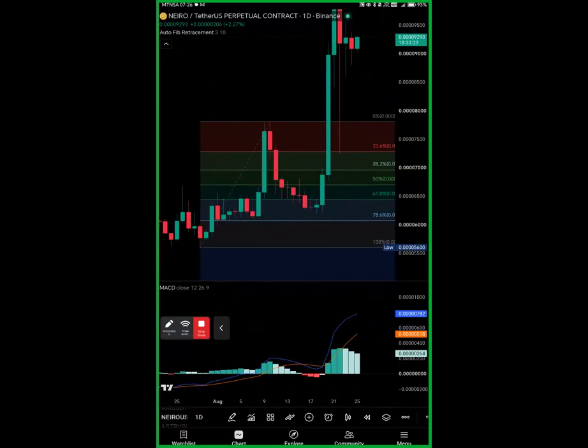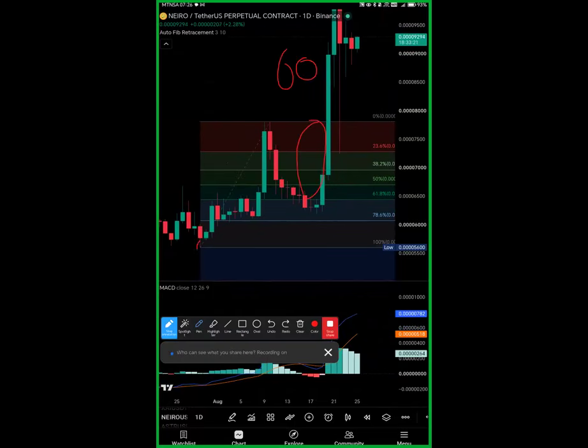When the price moved from here, it went up there almost like 100%, and we saw that decline, and then another build up, it went up. What type of a chart pattern is this one here?